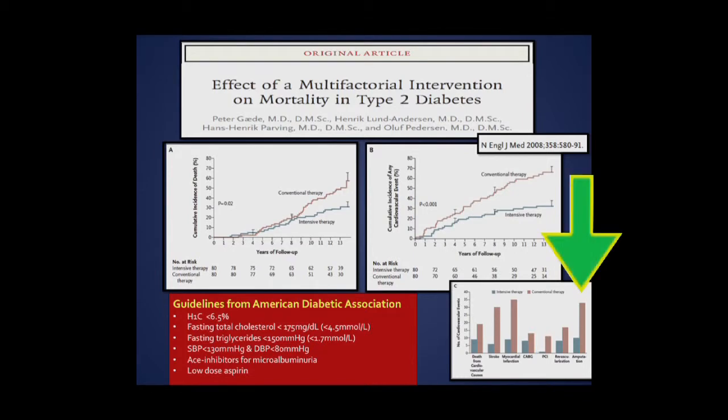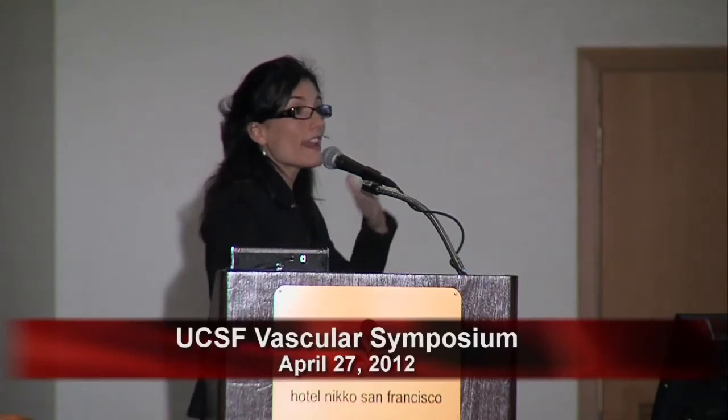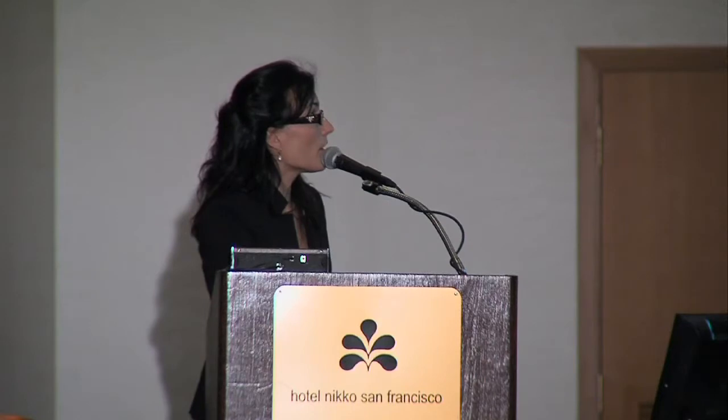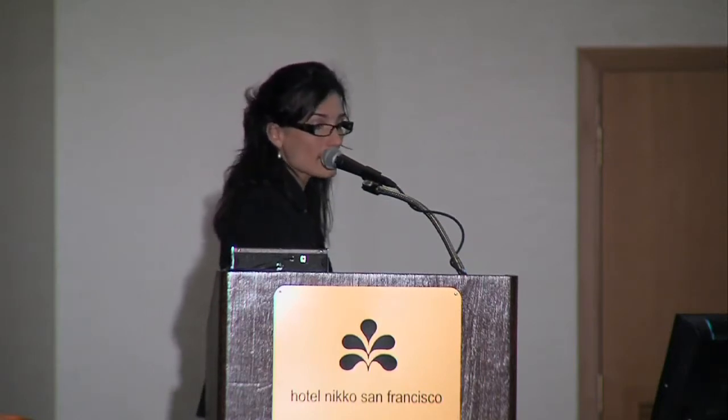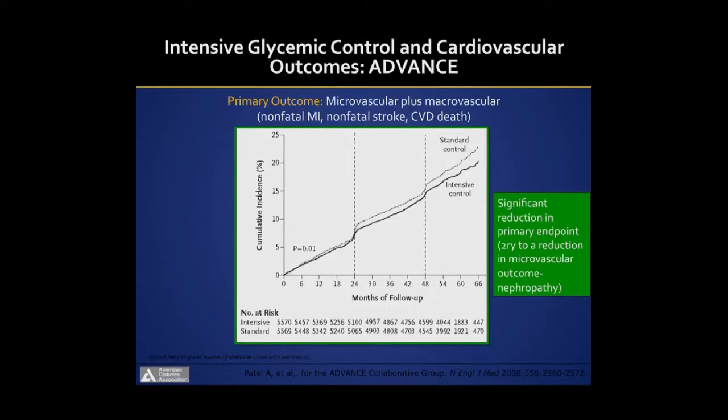So there is an advantage, in patients that do not have an active lesion, to really consider intensive multifactorial intervention. When I say controversy, there are two more trials that were published that year in the New England Journal of Medicine that included many more patients. Those trials look at intensive glycemic control in diabetic patients.